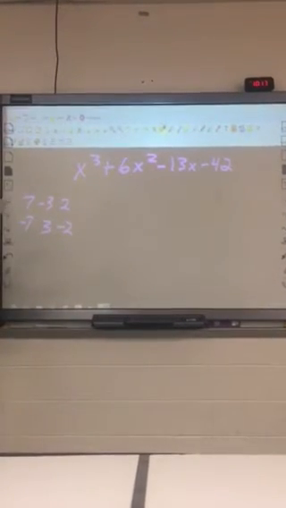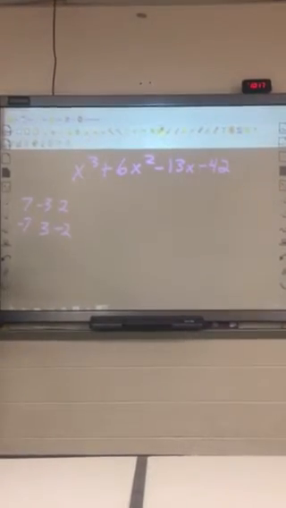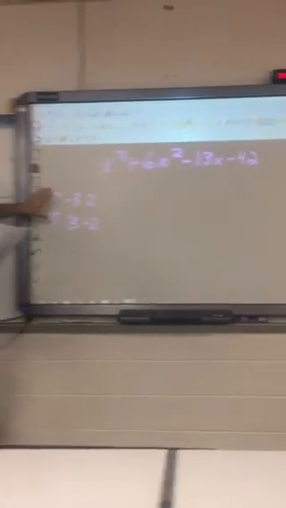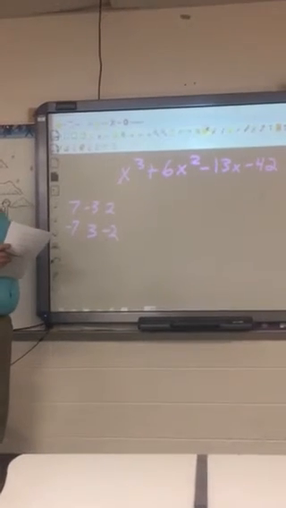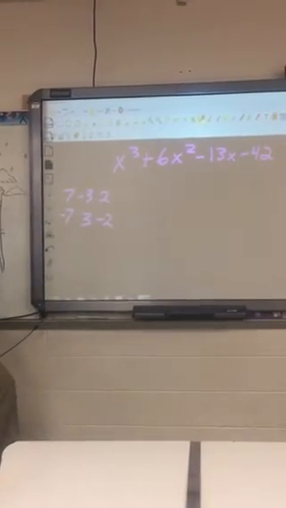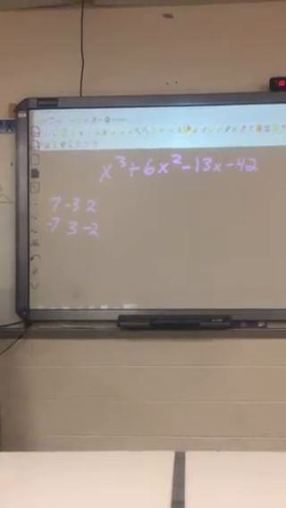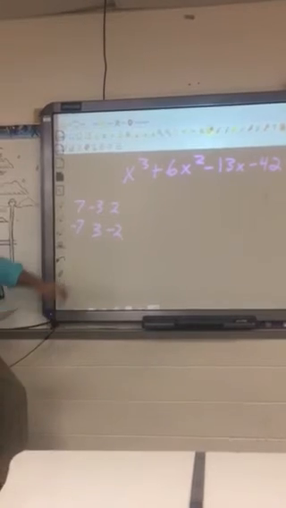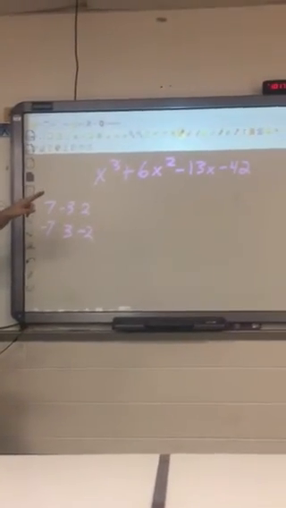Those are my possible answers. How can I set these numbers up to see which ones do not have a remainder? That may be a hint. These do not have a remainder. What can I use to find the zeros in this?